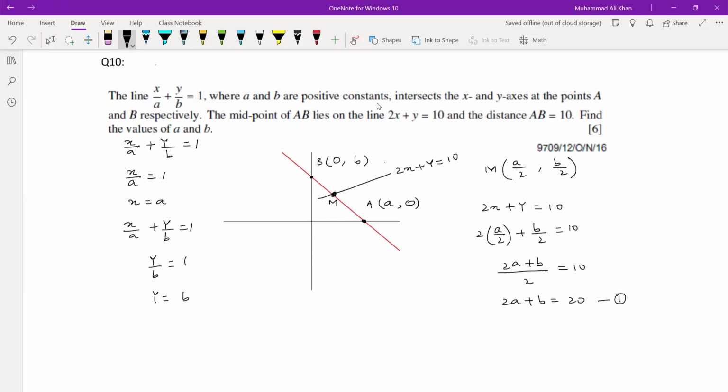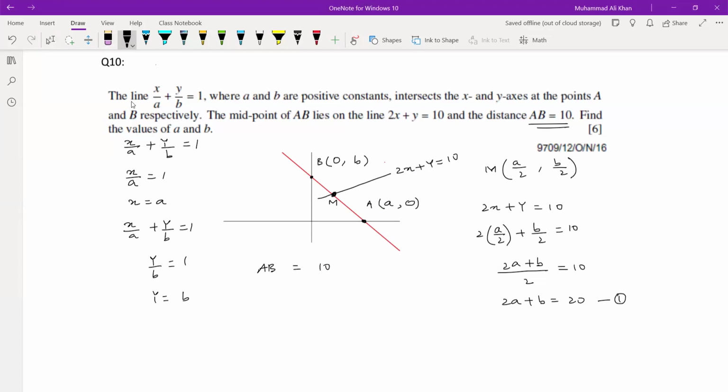Any confusion? No. Another condition is given, AB equals 10. सिर्फ AB लिखा हुआ है, कुछ नहीं है. तो जब सिर्फ AB लिखा हुआ है, तो it means ये डिस्टेंस है. So AB equals 10.